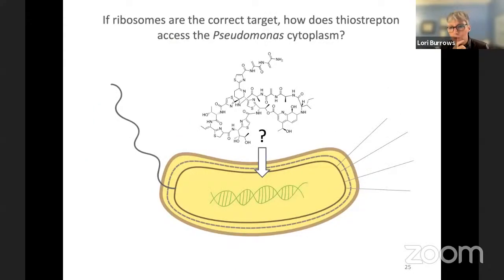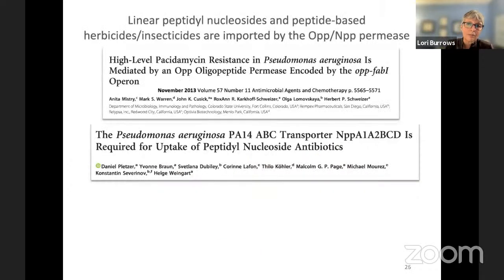So the next question became, okay, well, that looks like ribosomes are the target, but how is this gigantic molecule crossing the outer membrane of Pseudomonas to get all the way into the cytoplasm? Because, as I mentioned, it can be very difficult to get drugs into Pseudomonas because it has a very poorly permeable outer membrane.